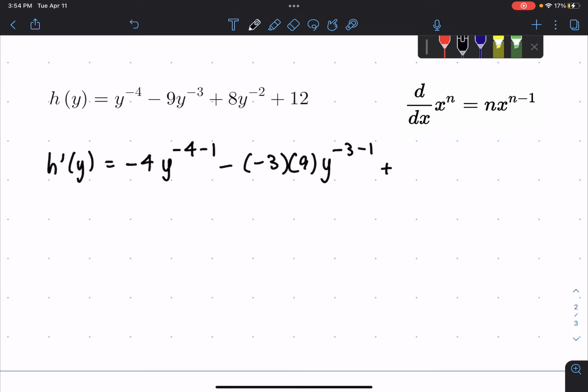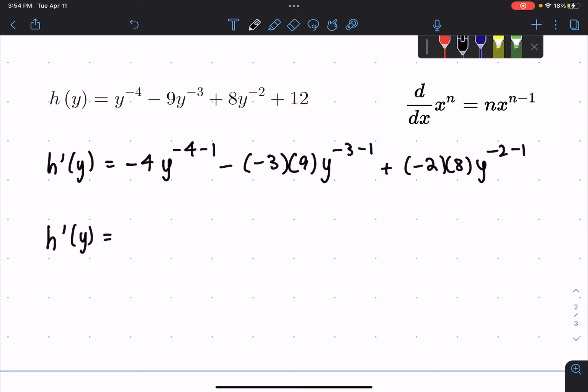Now we add negative 2, drop down the exponent, times 8 times y to the power of negative 2 minus 1. And as we saw before, constants get cancelled out by the power rule, so we don't have to worry about that. Now, let's simplify this.